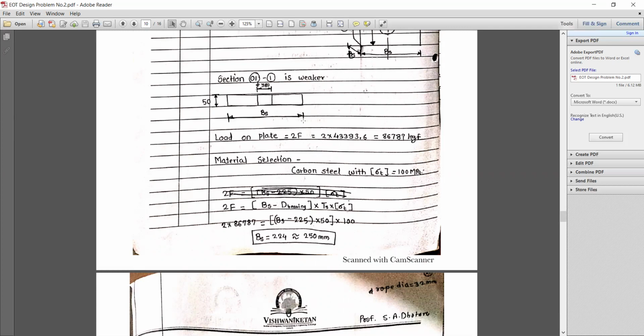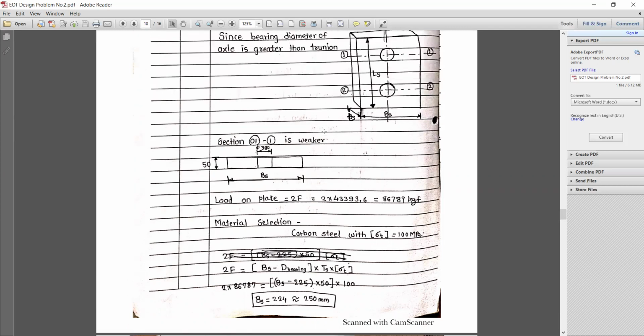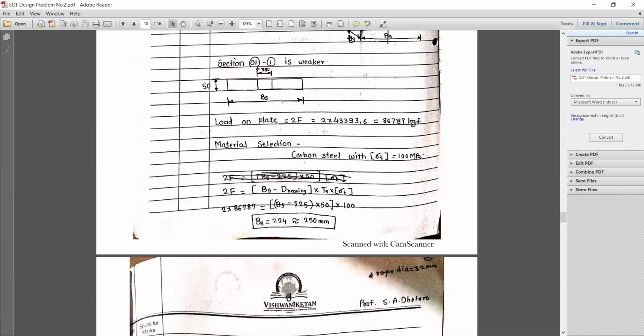Now the load on the plate, because everywhere we have to give the support of the bearing itself. So that's why we consider the load on a plate as twice the load of each, that is 2F, the load per bend.